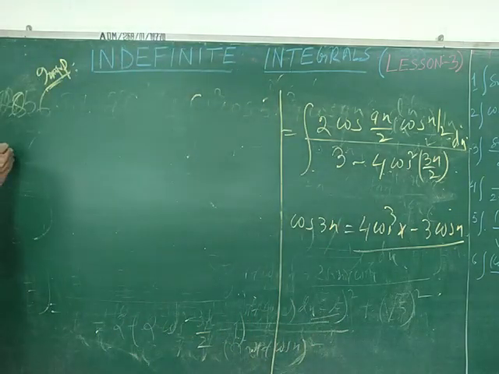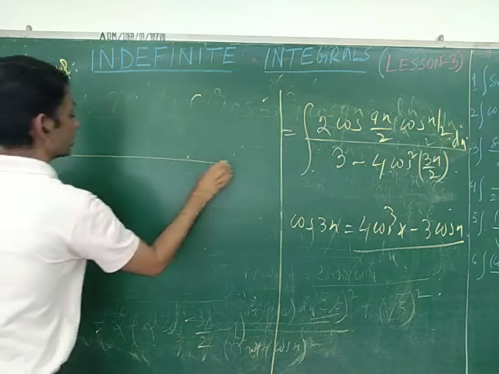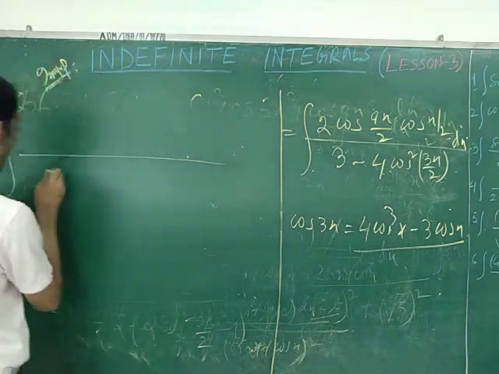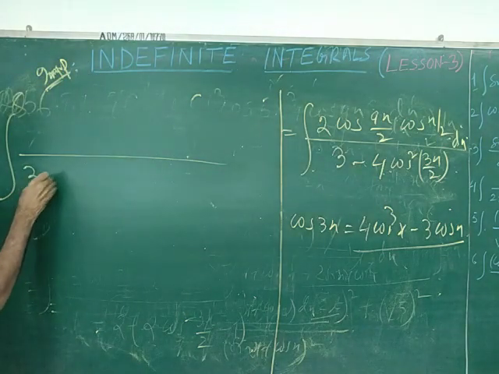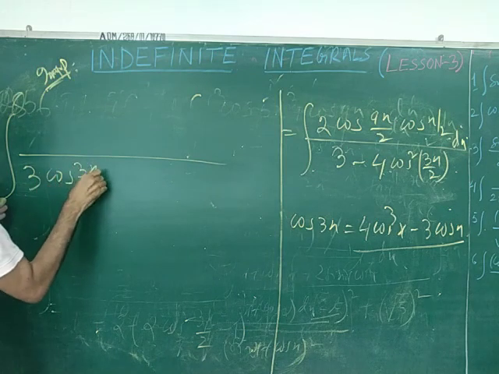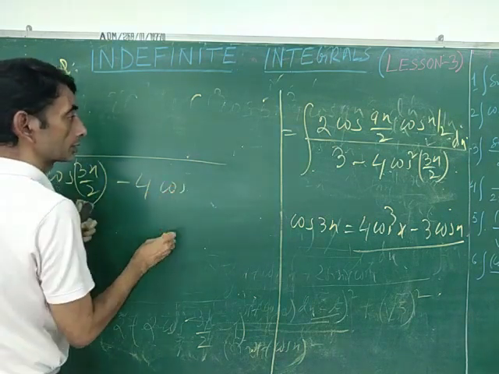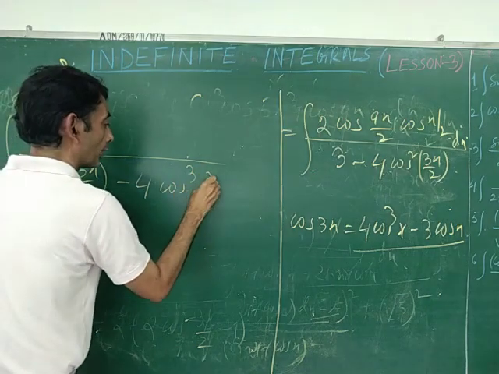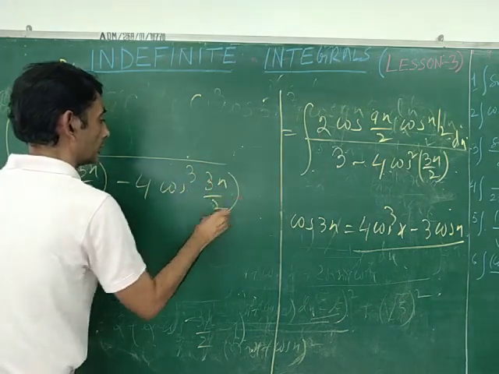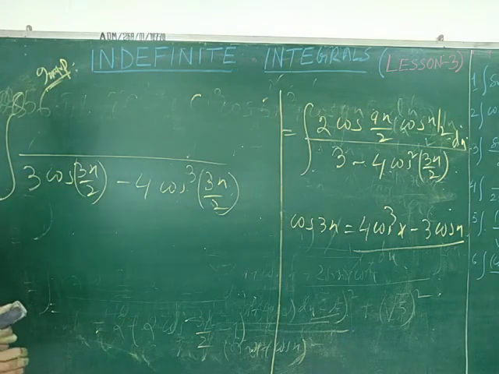Next step is this. We multiply the denominator by cos 3x by 2. So it's 3 cos 3x by 2 minus 4 cos cube 3x by 2. We're just multiplying as it is.